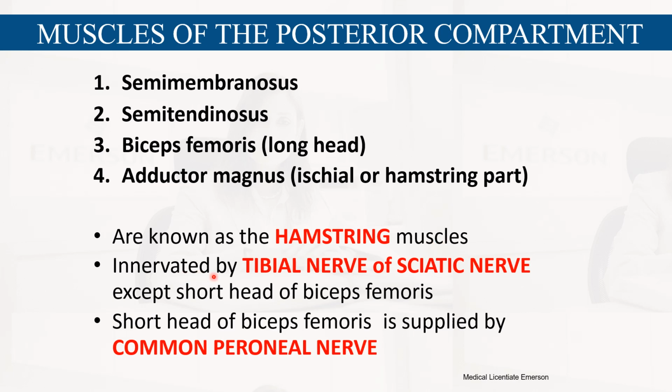Then these are innervated by the tibial nerve of the sciatic nerve, except for the short head of the biceps femoris, which is supplied by the common peroneal nerve. So semimembranosus, semitendinosus, biceps femoris, adductor magnus, the muscles of the posterior compartment.